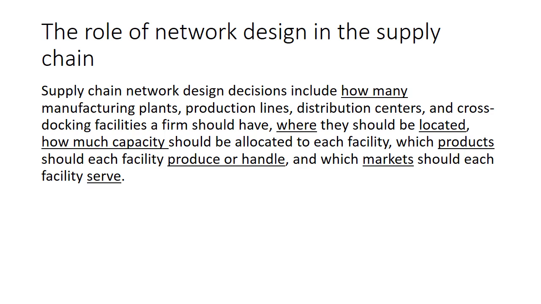Okay, so when we talk about the manufacturing facility, it is expensive to shut down a facility or to move it to a different location. So usually companies get the warehouses and the cross docking facilities on rent.